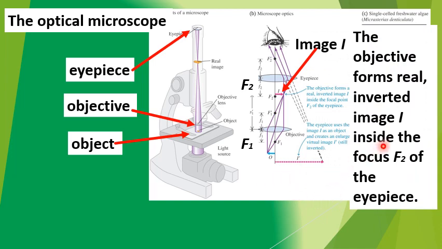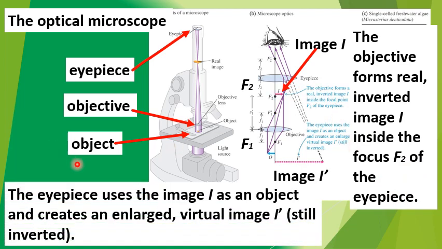The objective forms a real inverted image, capital I, inside the focus f2 of the eyepiece. And the eyepiece uses the image, capital I, as an object and creates an enlarged virtual image, I prime, which is still inverted.